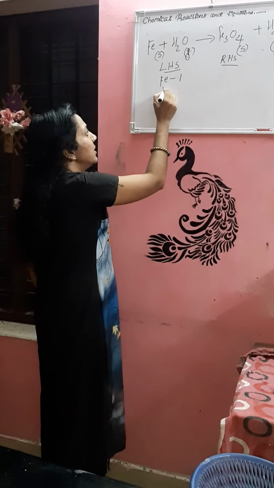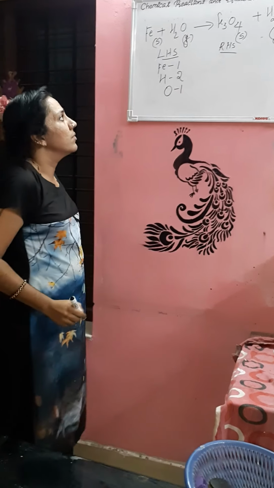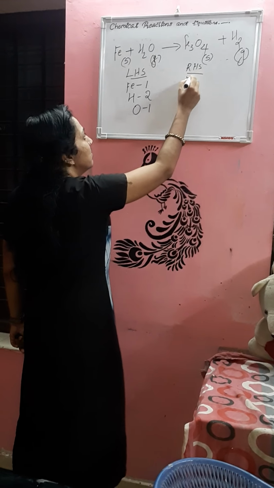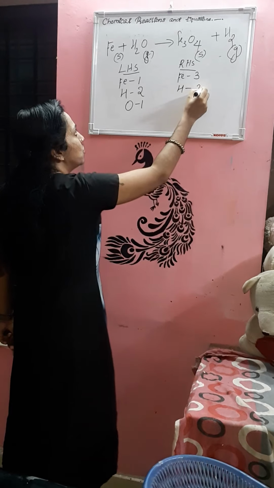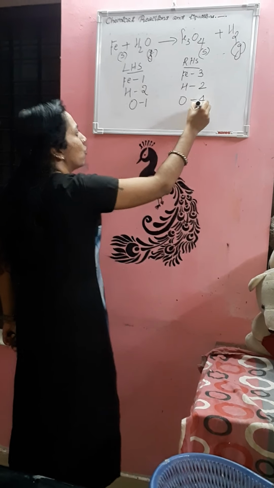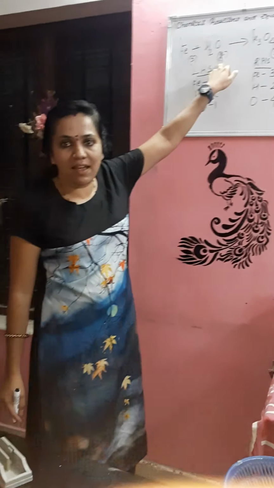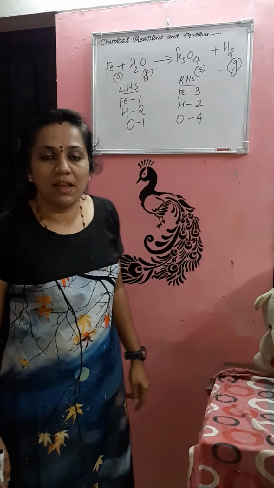So hydrogen is 2 and oxygen is 1. In the same order I am going to write on the other side. So Fe becomes 3. Then hydrogen becomes 2 and oxygen becomes 4. Now note here, H2O is a gas. Fe is reacting with steam to give Fe3O4 plus hydrogen.